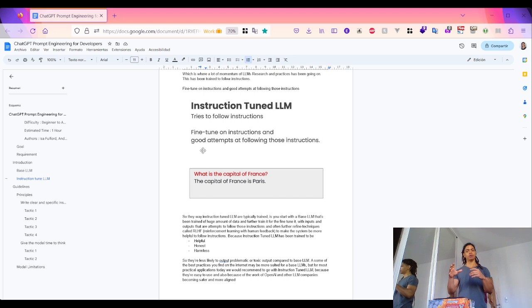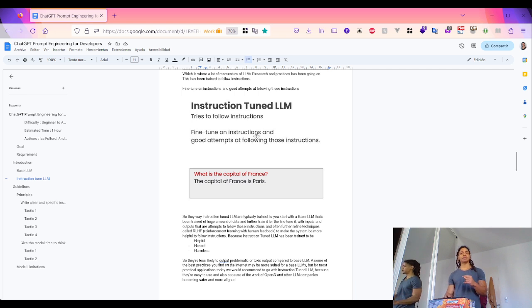This makes the model much more helpful at following instructions, and the model has been trained to be helpful, harmless, and honest. So they are less likely to output problematic or toxic output.